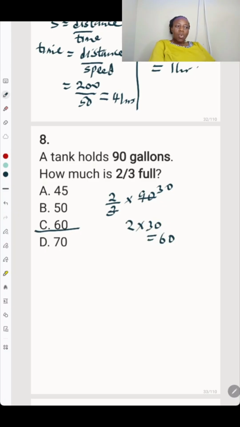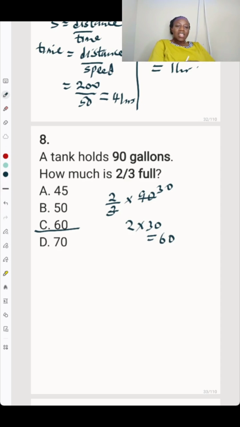Another way the question might be given to us will be, a tank holds 90 gallons. How much is, maybe, the empty part? How many gallons do we need to fill it back? Let me ask us that question.